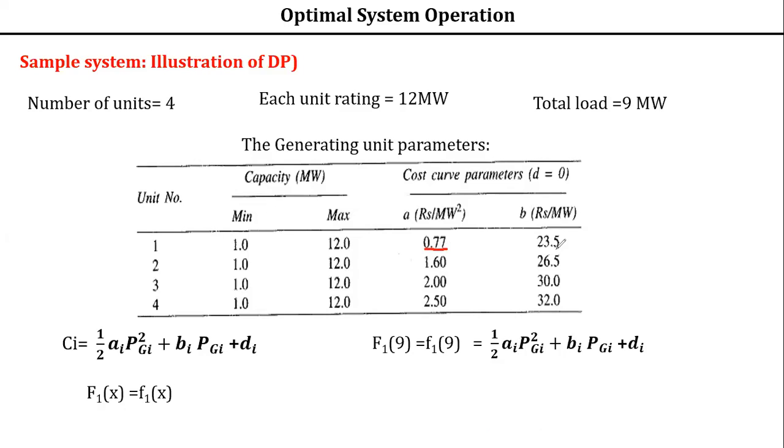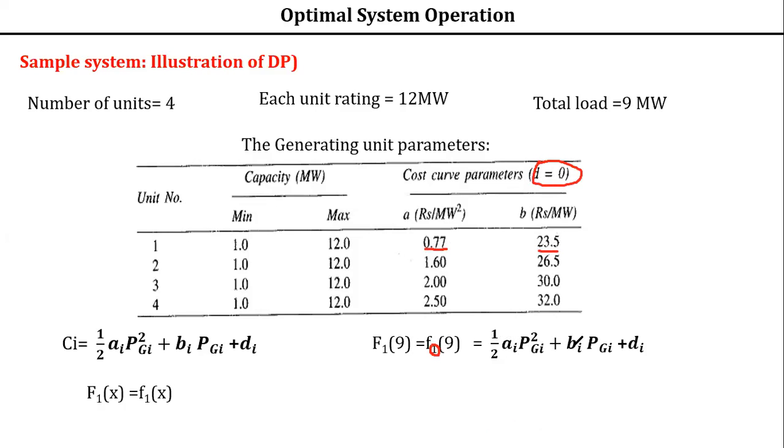A is 0.77. What is B? 23.5. What is i here? i is 1. So for the first unit, these are the A and B values. What is D? D is 0. For all the units, D is 0. That has been given here, isn't it? So we will not consider this one.